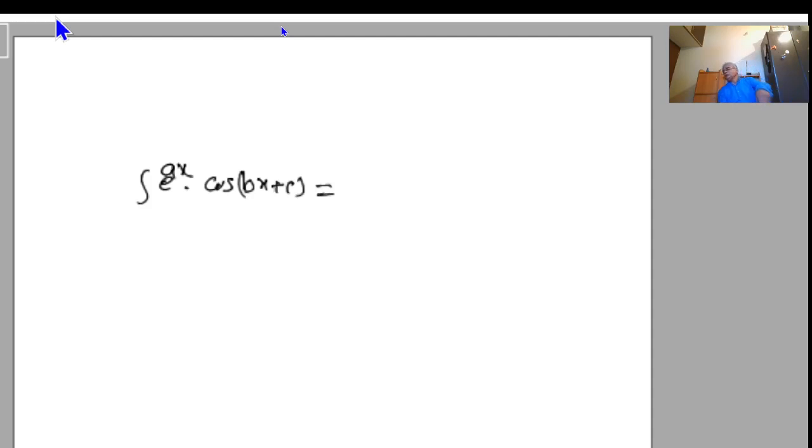This is equal to e power of ax divided by a square plus b square into a cos bx plus b sin bx.